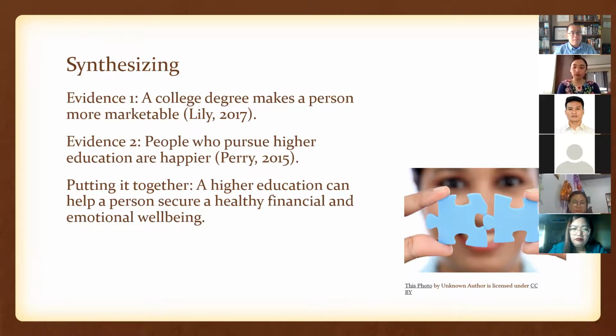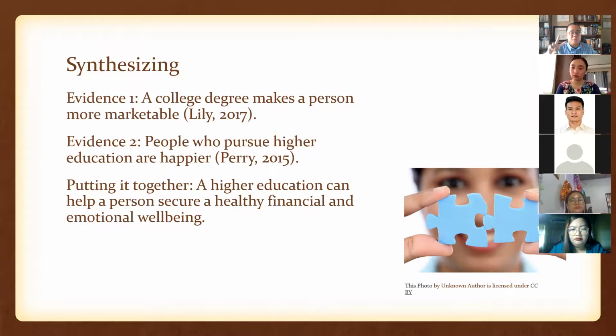Evidence number 1, sabi ni Lily, a college degree makes a person more marketable, sabi ni Lily. Sabi naman ni Perry, I actually watched this is Dr. Perry, Steve Perry. I was in one of his, he was one of our guest speakers noong residency ko sa Tampa, Florida. Sabi niya, people who pursue higher education are happier, sabi niya. So sabi niya sa amin nun, if you pursue grad school, you are happier compared to people who don't pursue grad school, yun sabi niya.